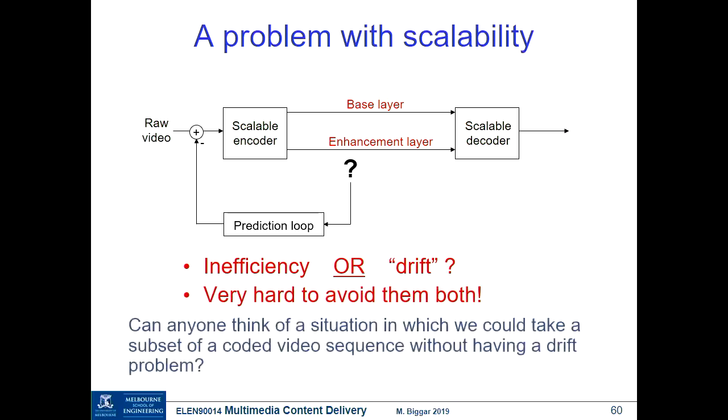I wonder if that's a fair question to ask you. Can you think of a situation in which we could take a subset of a coded video sequence without having a drift problem? Think of B pictures in MPEG-2 or MPEG-1 in particular.